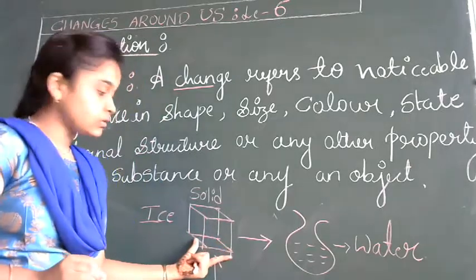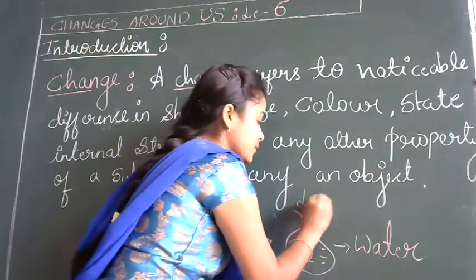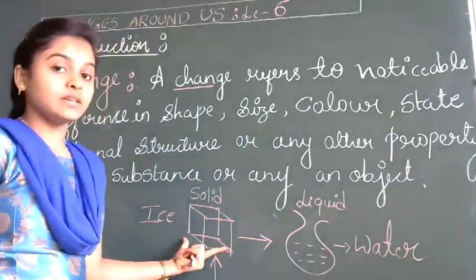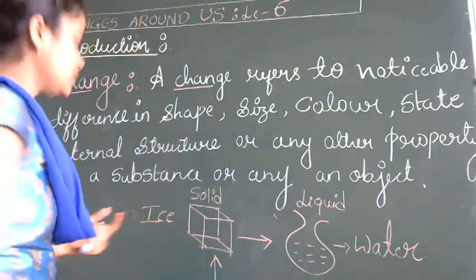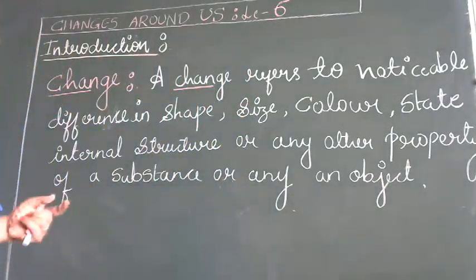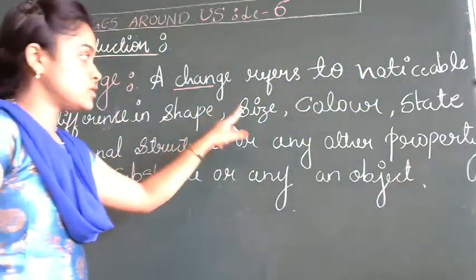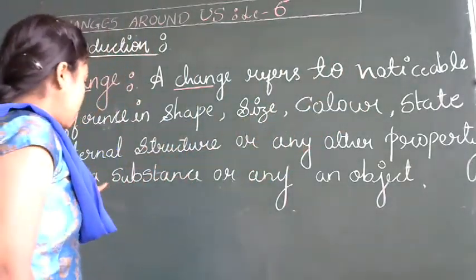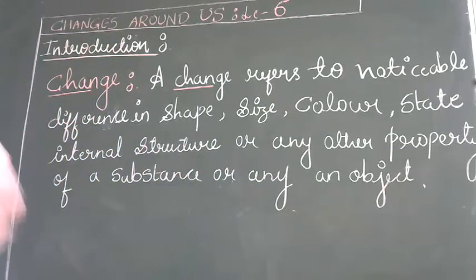So when we supply heat to this solid, that is the ice, it will convert into a liquid. Which liquid are we getting? That is water. So you can see the change in state also. That is, the solid state is converted into the liquid state. So this is the exact meaning of change. So remember, change refers to a noticeable difference in size, shape, color, state, and internal structure or any other property of a substance or any object. I hope you all understood the meaning of change.